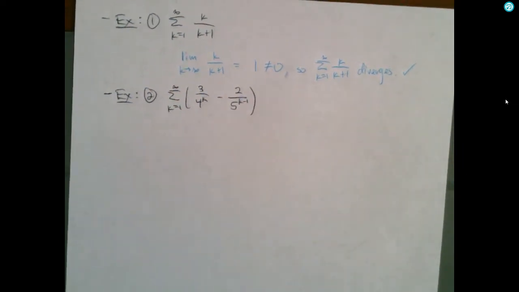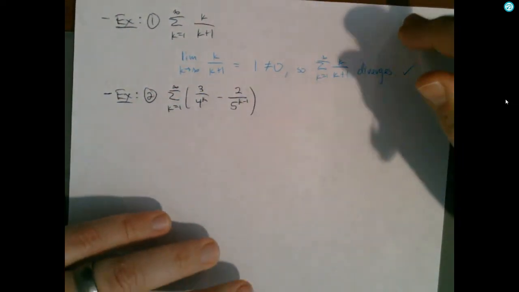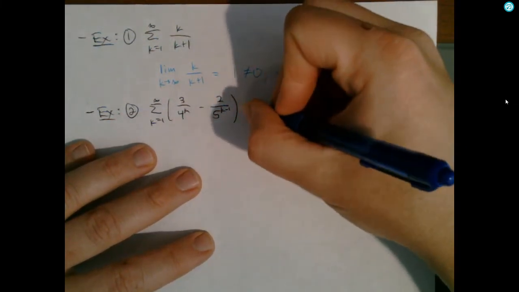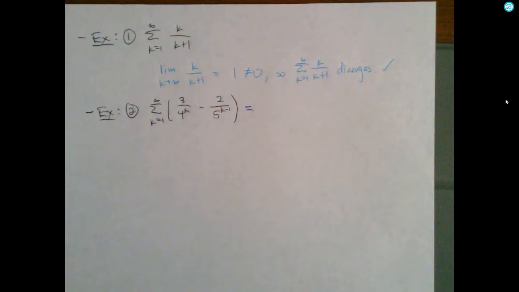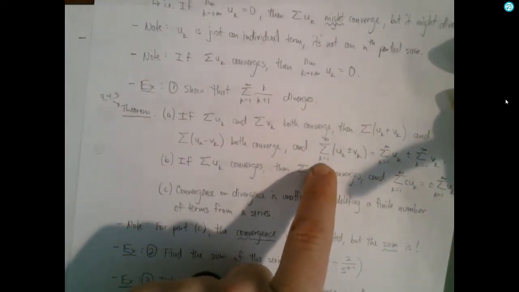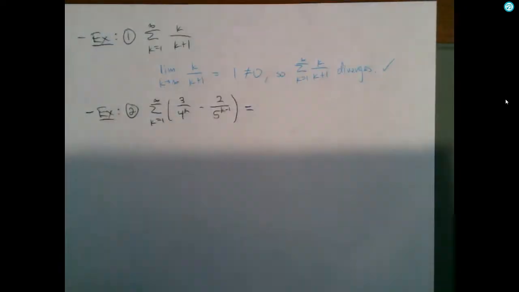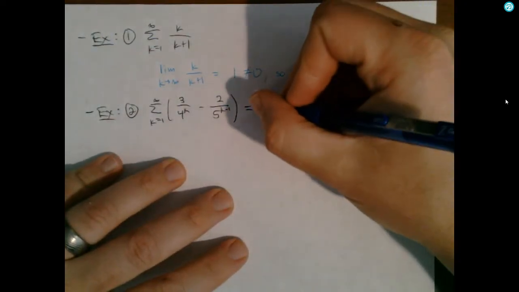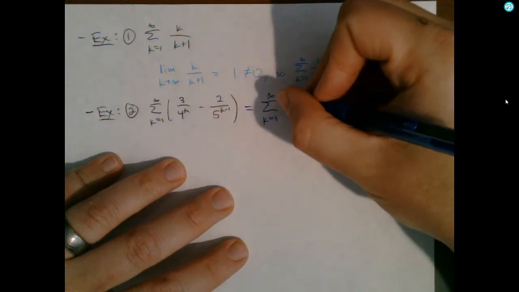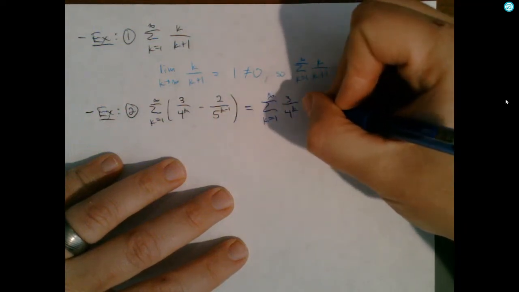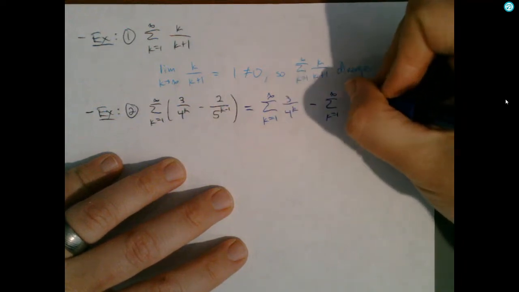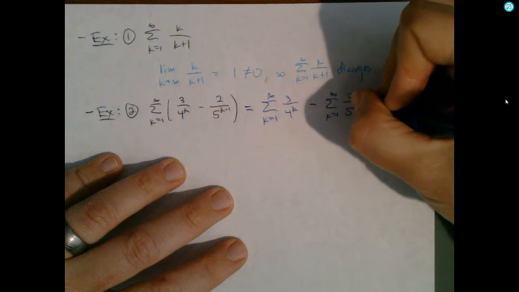Okay, so if I want to find the sum, I'm going to use theorem 9.4.3 part A, which says that I can distribute that summation, right? So this is going to be the sum from k equals 1 to infinity of 3 over 4 to the k minus the sum from k equals 1 to infinity of 2 over 5 to the k minus 1.